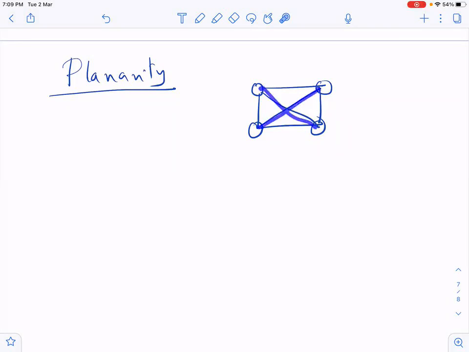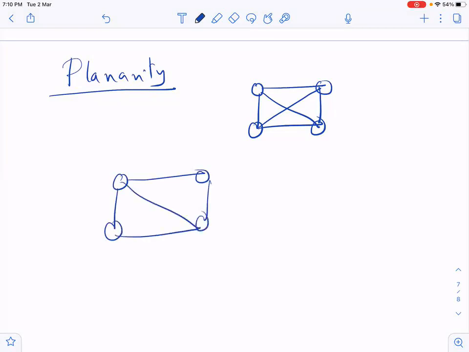These two edges are intersecting in my drawing, so this is not a good drawing. This is not what is called a planar drawing. So what is the planar drawing of this graph? It is basically this. This is the planar drawing of this graph.